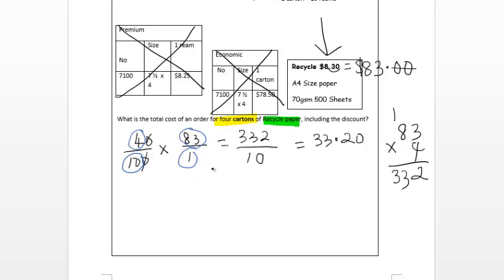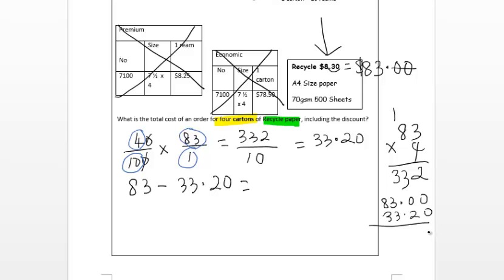Okay, so I know that the discount is $33.20. I do not stop here, because next I will need to find the sale price. So I will need to minus 83 minus 33.20. Okay, so I can do the working here. 83. Now I will need to put the decimal point, because there is 20 cents from $33.20.